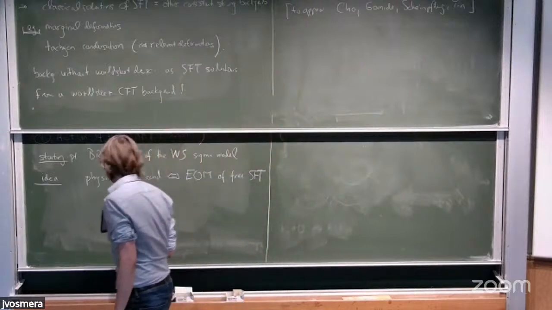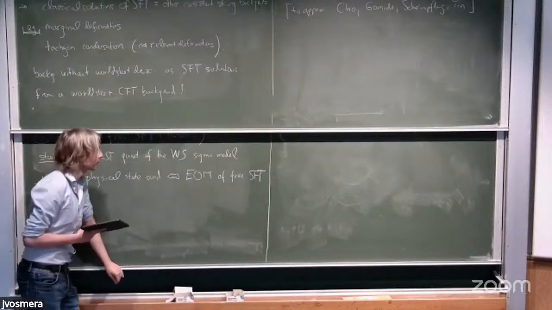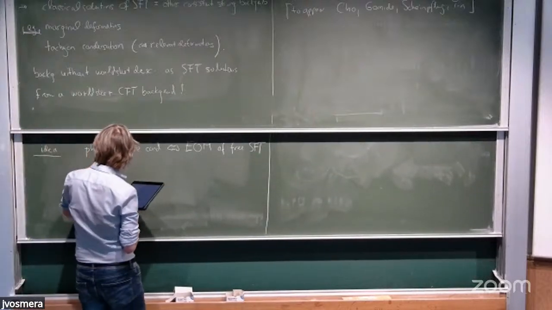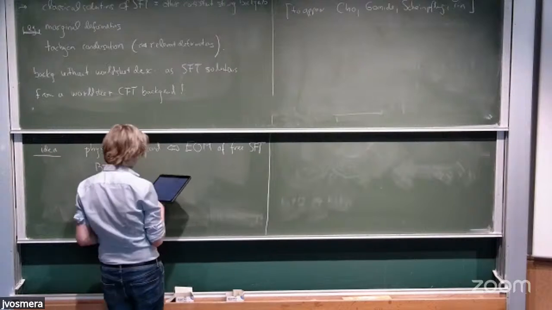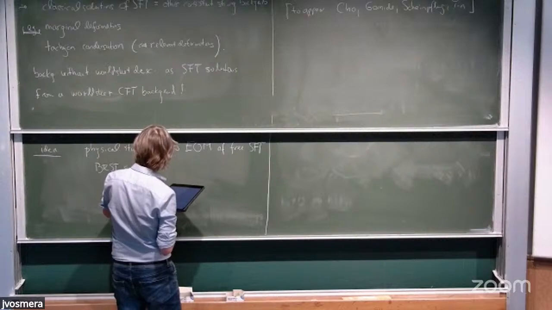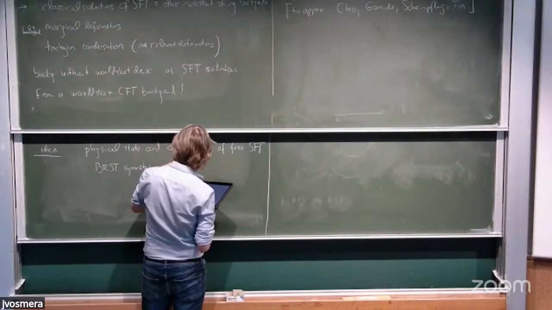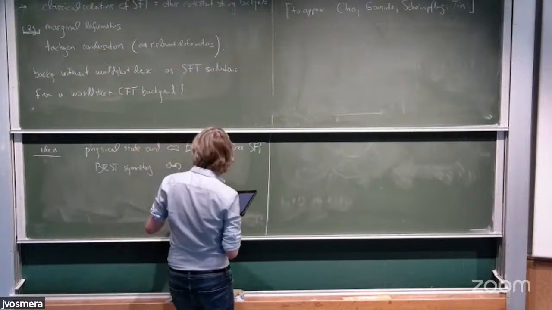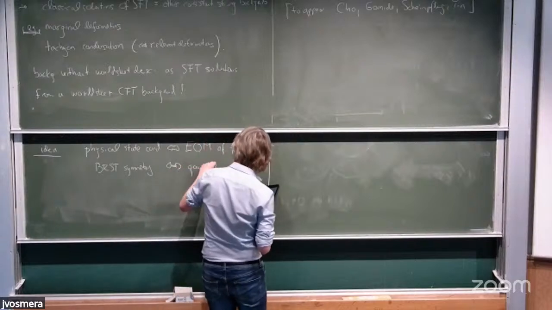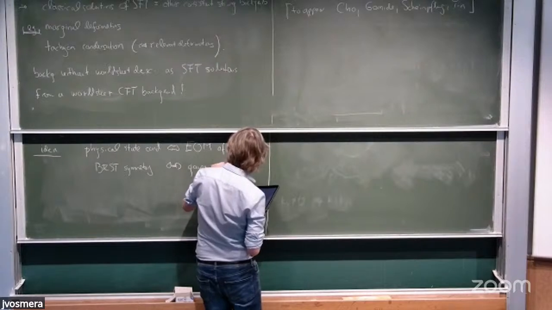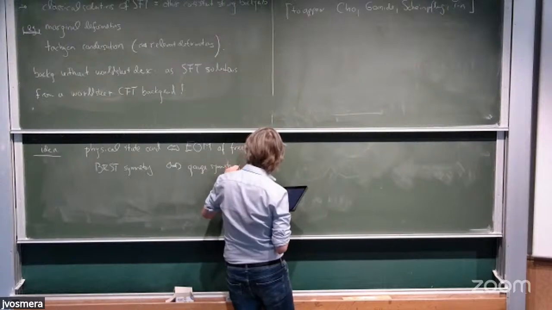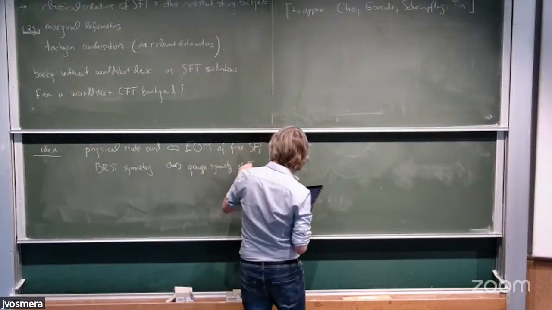That's one guiding principle. The other guiding principle will be to think of the BRST global symmetry of the worldsheet action as being lifted to gauge symmetry of the SFT action.